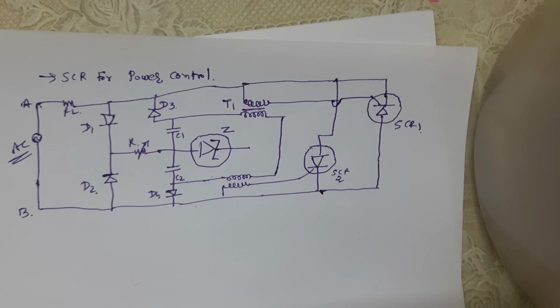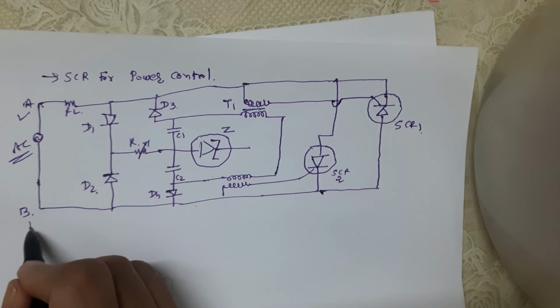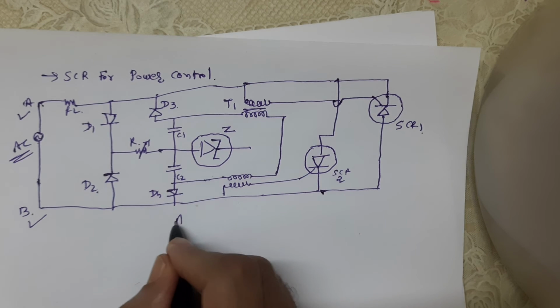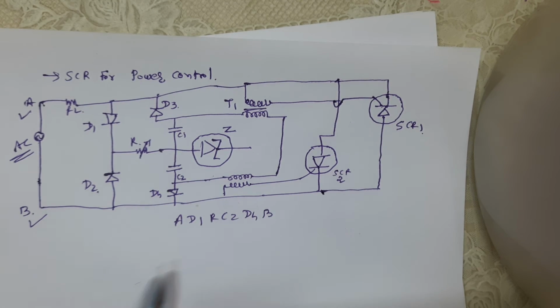During the positive half cycle of the AC supply, terminal A is positive and terminal B is negative. Therefore, the capacitor C2 is charged through D1, R, C2, D4, B. This is the path.